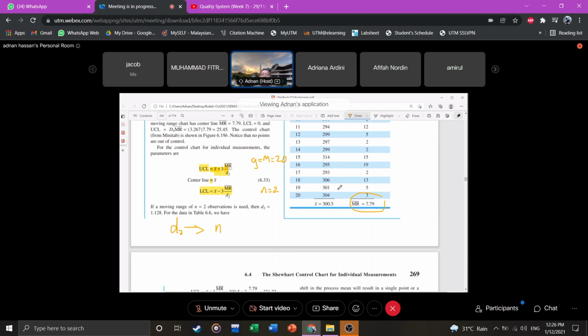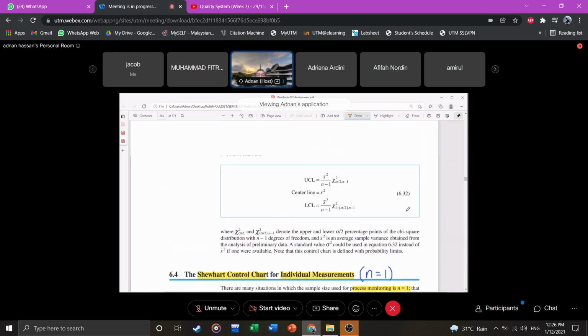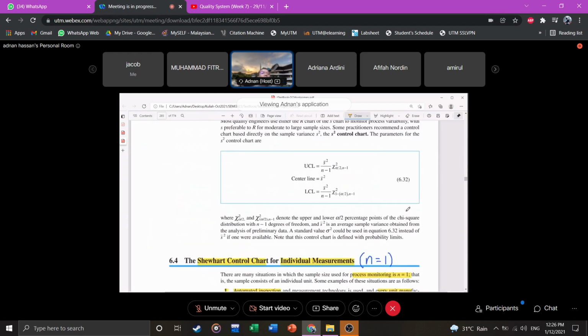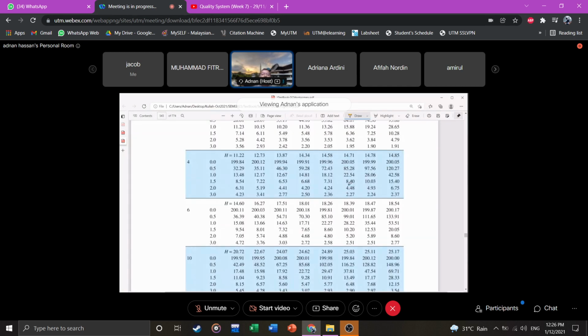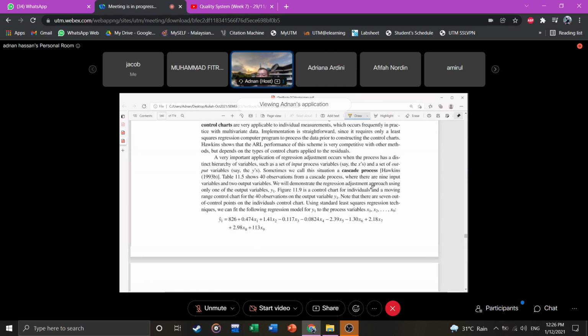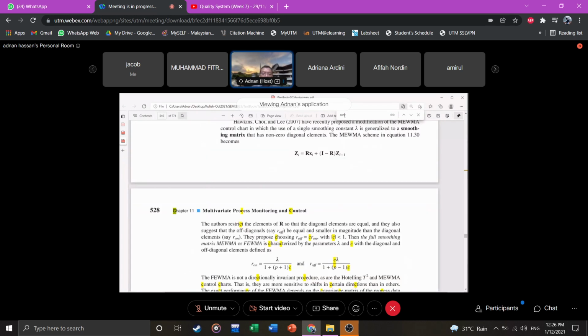Okay, from the table. So let me show you the table. I think you have that table also in your first exam. I think somewhere in the appendix also has this table. Okay, do we have this table? The appendix. Okay, if I search it here, control chart factors.